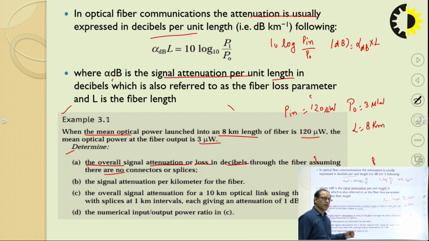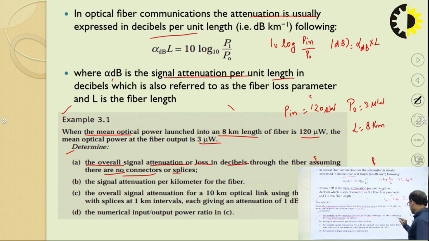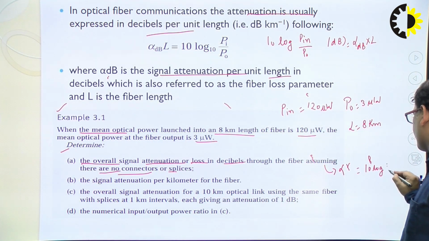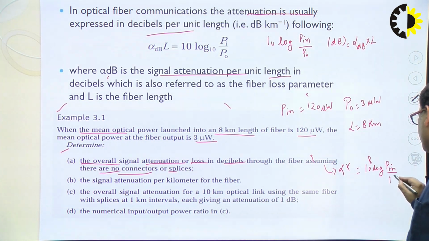Now initially I assumed that the question is asking to calculate the attenuation when there are no losses due to the connectors and the splices. That means I have to calculate the attenuation, and from here you can calculate the attenuation, that is alpha is equal to what? Alpha is equal to 10 log of P input divided by P out.